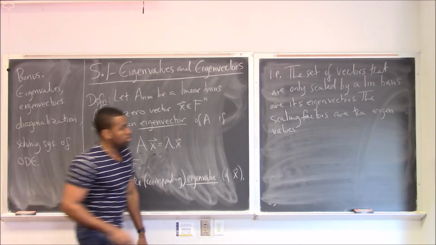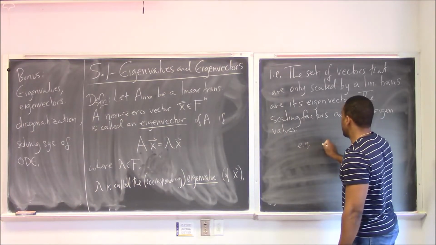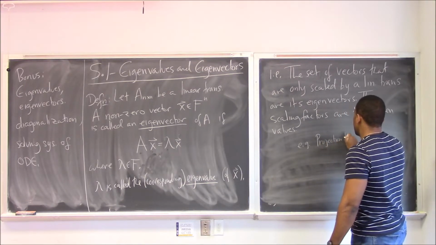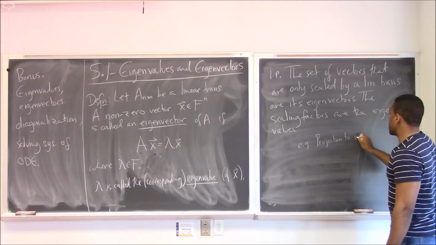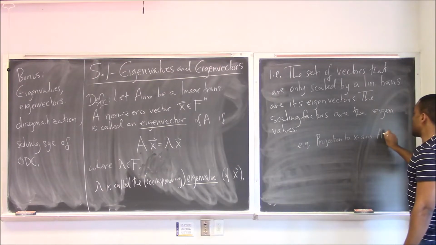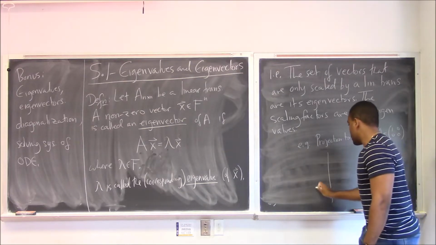Okay? So if I look at something like, for example, projection to the x-axis, right? In R2, that means your A looks like this: 1, 0, 0, 0, right? So that linear transformation does what?